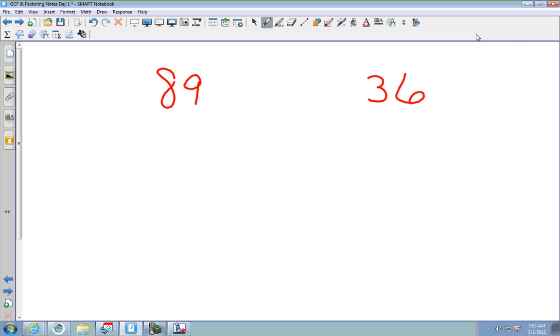Now, the way they're getting it, you look at it and you're trying to figure out what goes into it. 89, if I made a T-chart, 1 times 89, okay? Does 2 go into 89? 89 divided by 2? No, that doesn't work. What about 3?